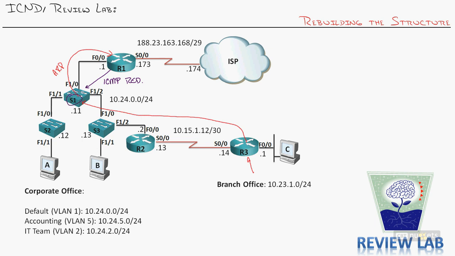He's going to say, you know what, switch 1, it is not efficient for you to come to me to get back to router 3, because I'm going to send you down to router 2 anyway. I don't want to be a middleman, so I'm going to send you an ICMP redirect message, switch 1, which tells you to get to the 10.15.1 network, or to get to this guy who's pinging you, just go straight to router 2.